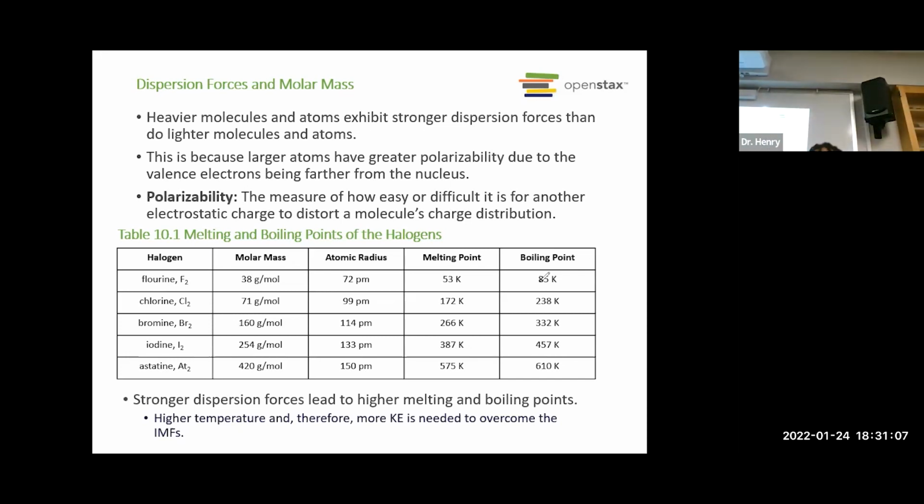Did you say 114? Okay, so 387 Kelvin is 114 degrees Celsius, and at that temperature it starts to melt. So that means it must be a solid at room temperature, okay?